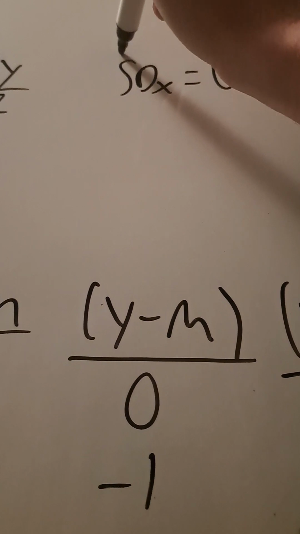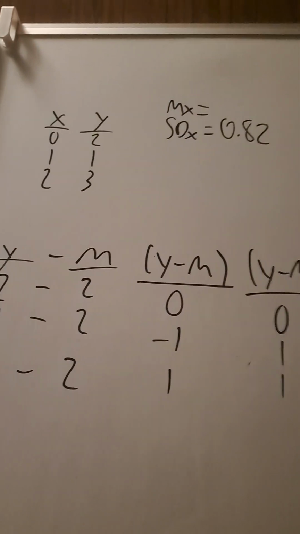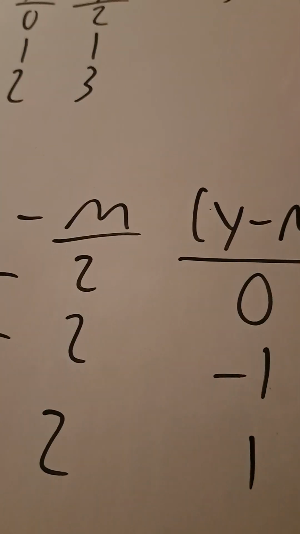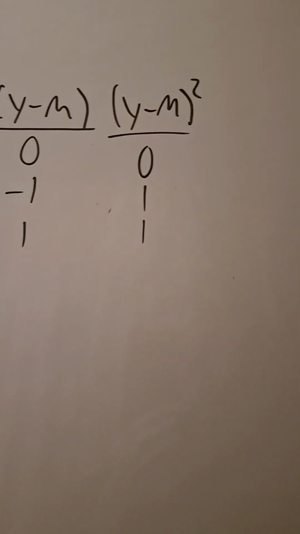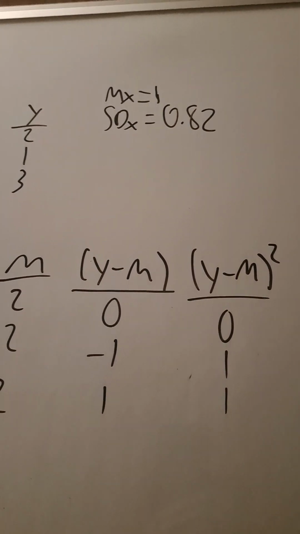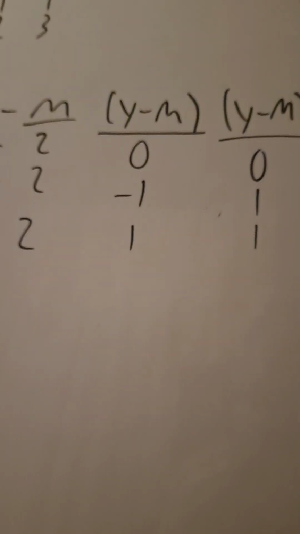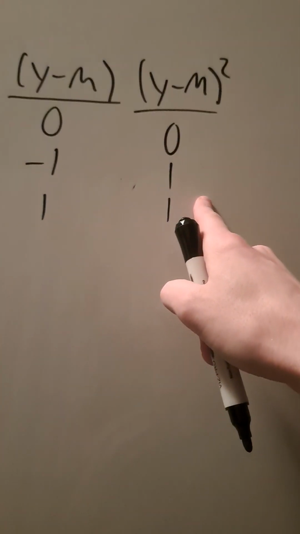I'm just going to add up here too, so that we don't forget that the mean of our x was 1. So once I get the standard deviations for both x and y, then I will calculate the z-scores. So I'm just going to mark up there so we don't forget our mean of x and our standard deviation of x.